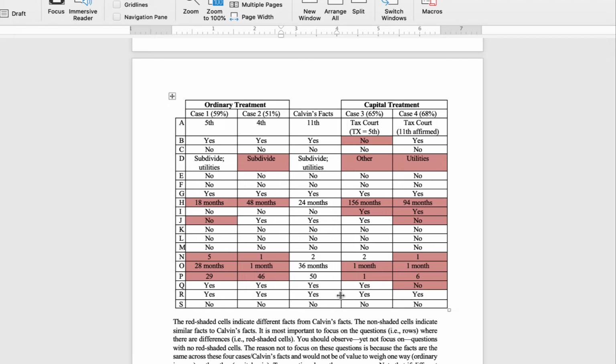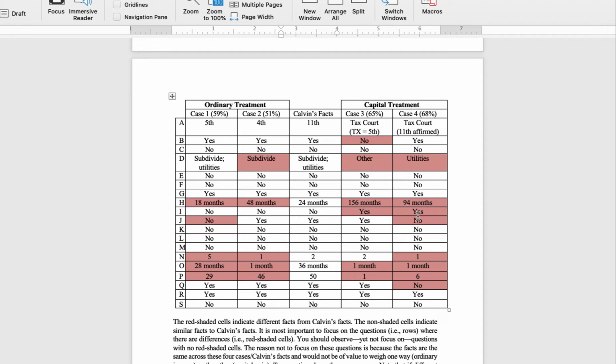When I say differences, you look at all 19 of these, holding aside the circuit, and see how certain rows like K and L, for example, have no difference. Everything is no for every single taxpayer, right? So that's not a factor where there's any difference.